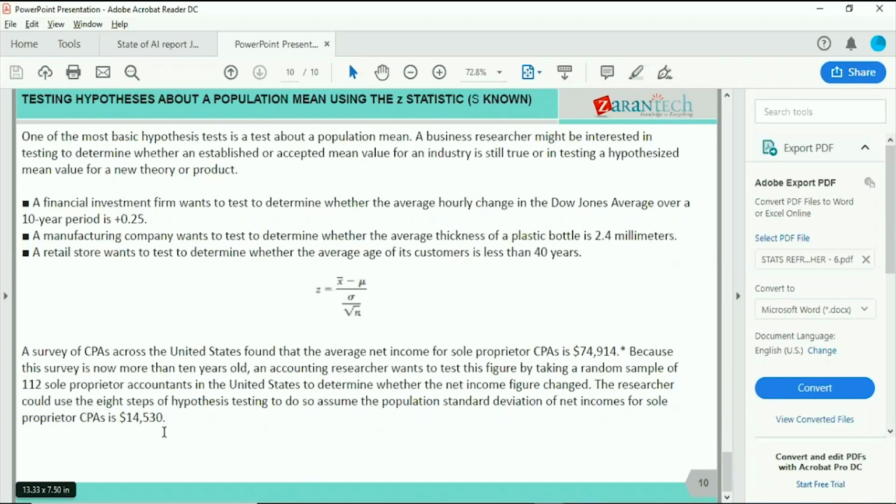This will be the population mean, mu, 74,914. The standard deviation is 14,530.